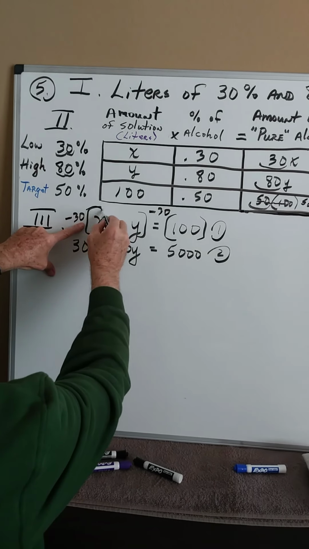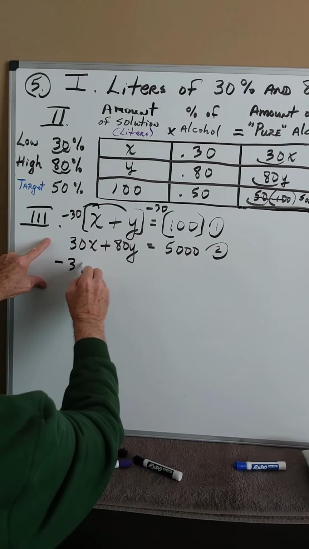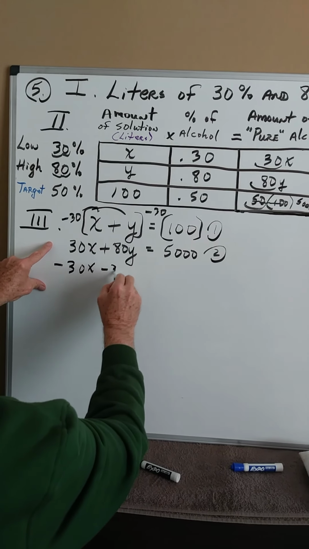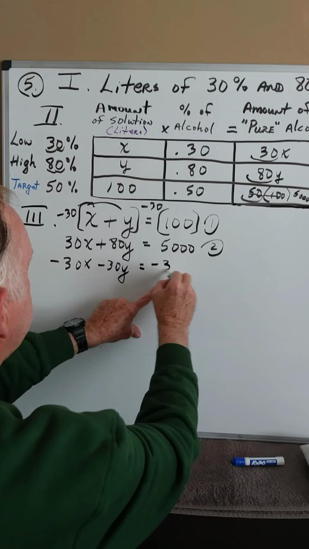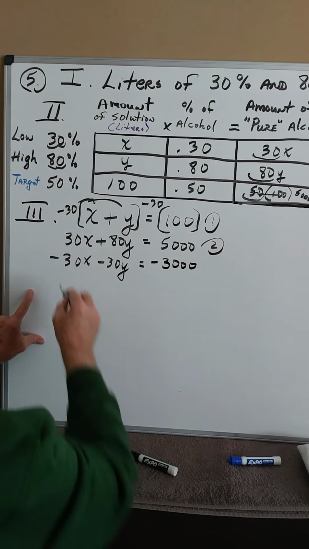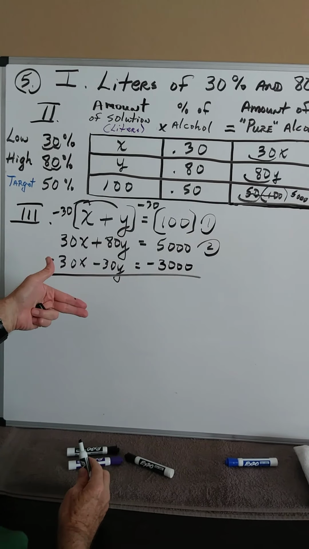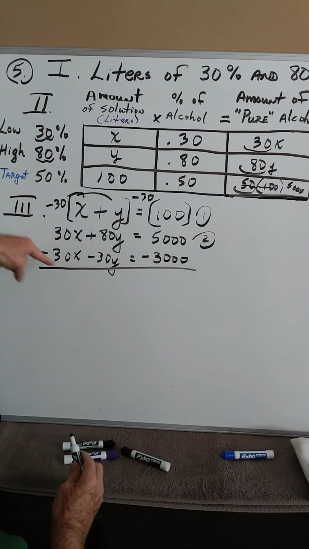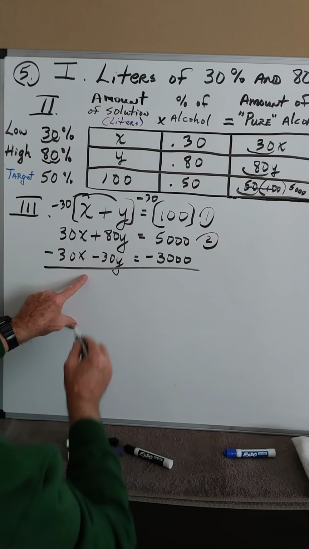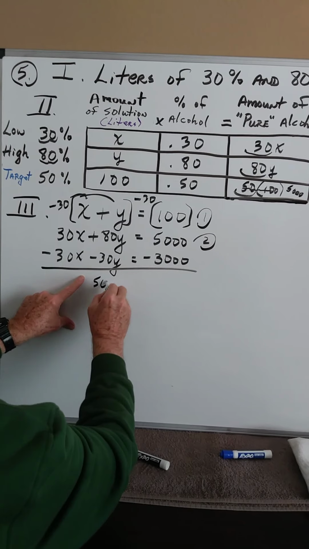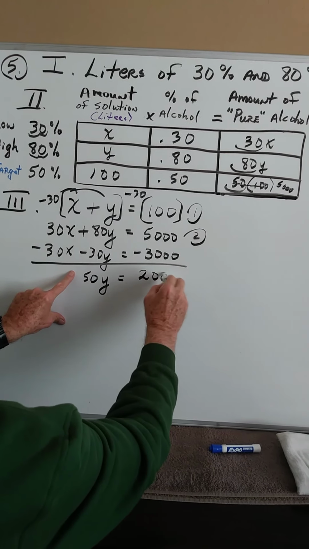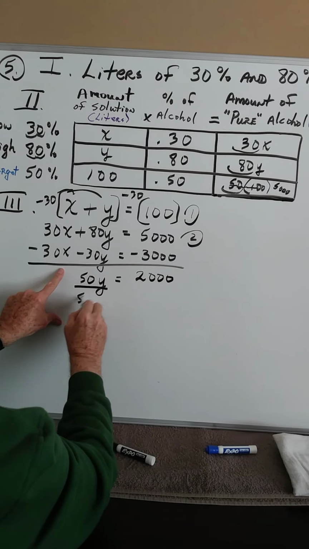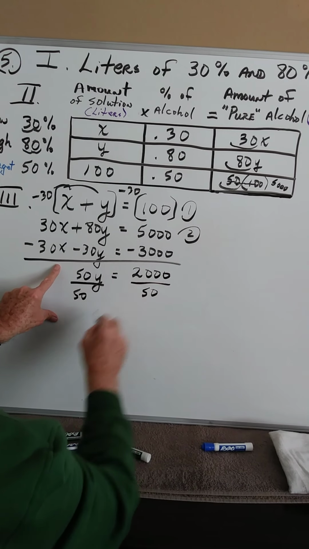Let's distribute. Negative 30x, negative 30y is equal to negative 3,000. Draw the line, add down, they cancel. The y's, positive 80 coupled with a negative 30, a positive 50y is equal to 2,000. Over 50, over 50.